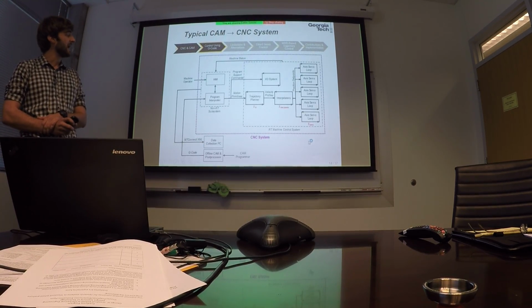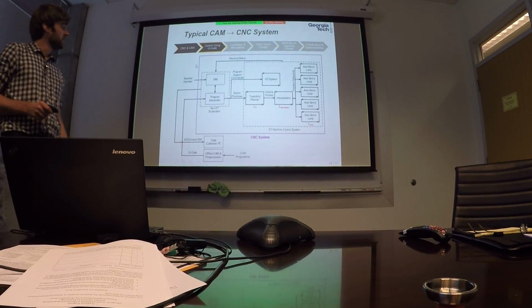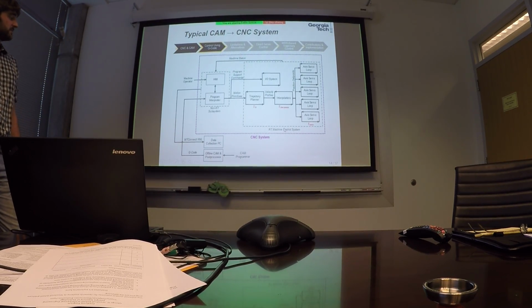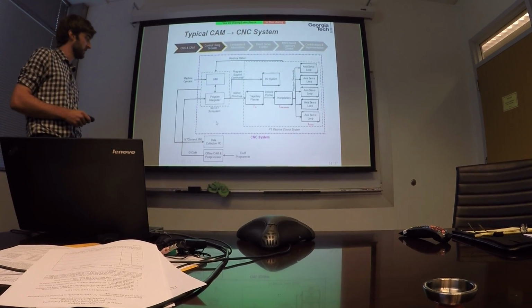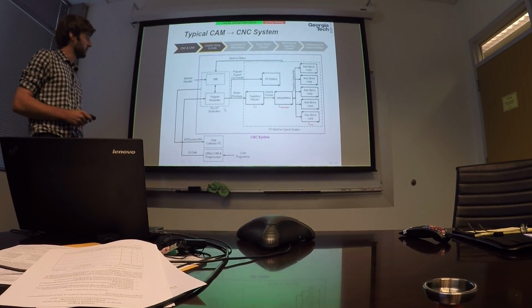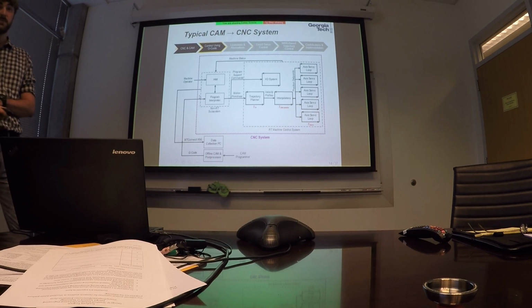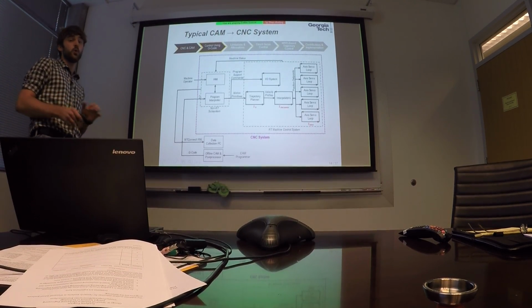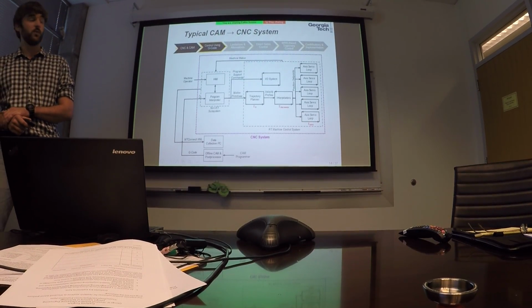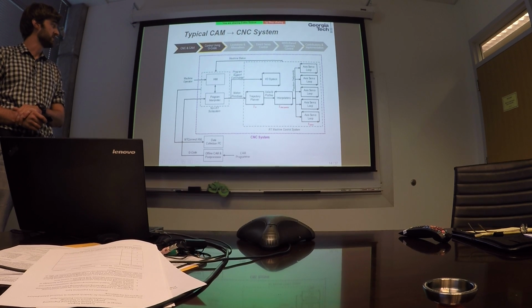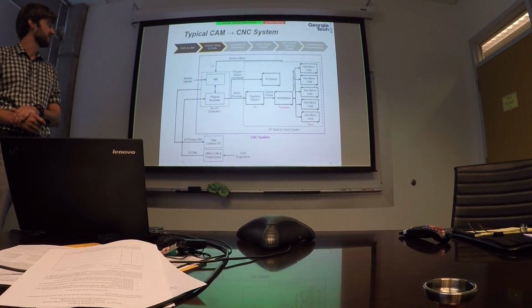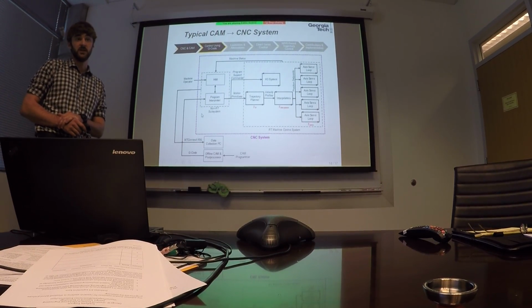So here is a high-level overview of what this looks like and how all the pieces fit together. We have two subsystems within the CNC system. We have non-real-time, and RT stands for real-time, and we have real-time. Real-time means that this system executes a sequence of operations at some predefined period with a known maximum bound on the amount of what's called jitter, which is error that we can have in when the next sequence of operations will be executed.